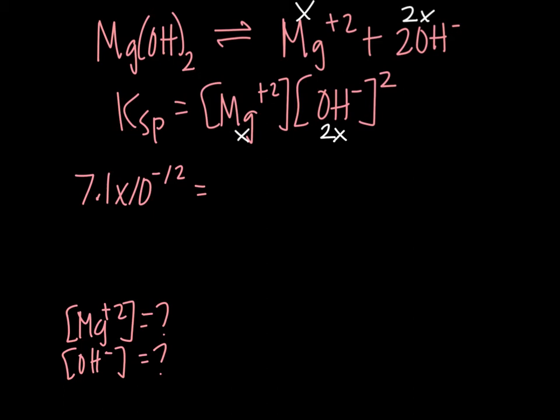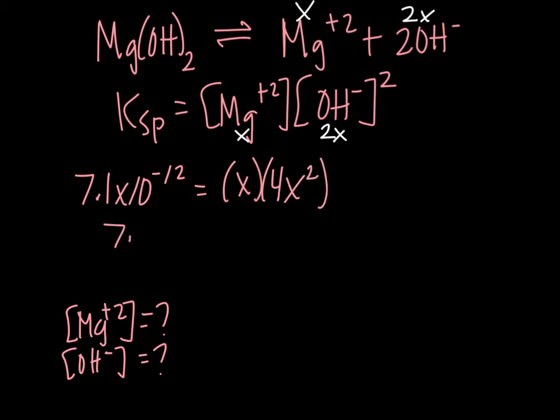All right, so then what this looks like is, it looks like this. So this is x, and then this is 2x, but don't forget that whole thing is squared. So 2x times 2x is 4x squared, right?